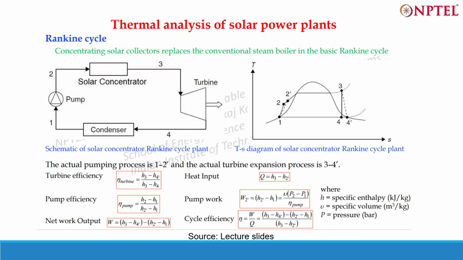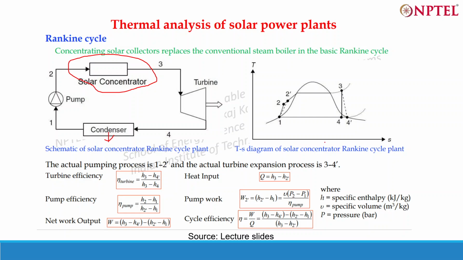Now, what does the Rankine cycle mean? There is a boiler here. In place of the boiler, we have the solar concentrator and all those systems which convert water or molten salt to steam. And we have the turbine, then the condenser where heat is rejected, and then the pump. If you draw the Rankine cycle on a TS diagram, the TS diagram is basically a temperature-entropy diagram.